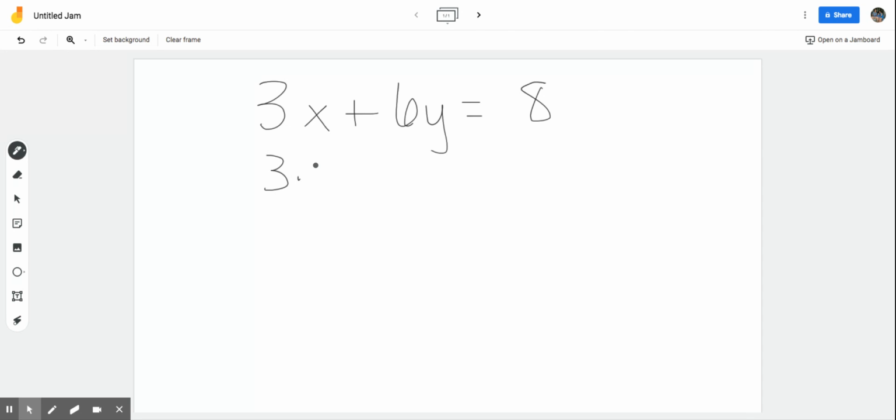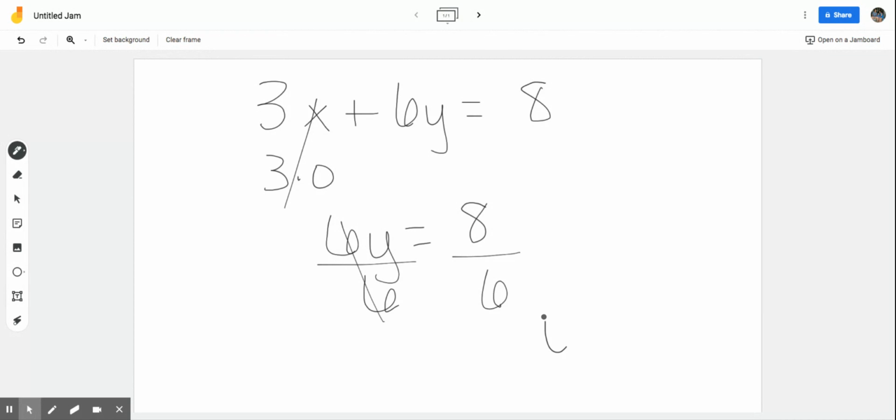So I would say 3 times 0, and that's just going to mark that away. And so I have 6y is equal to 8. So now I would divide by 6, and y is equal to 8 over 6. And I could even simplify that to 4 over 3 if I wanted to, and that would be my y-intercept.